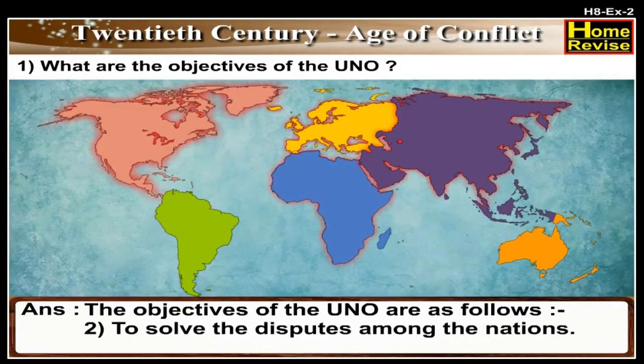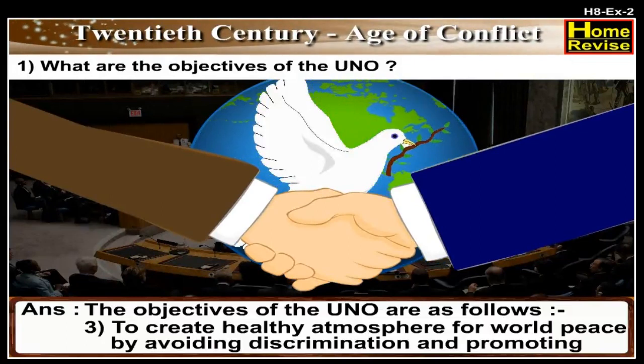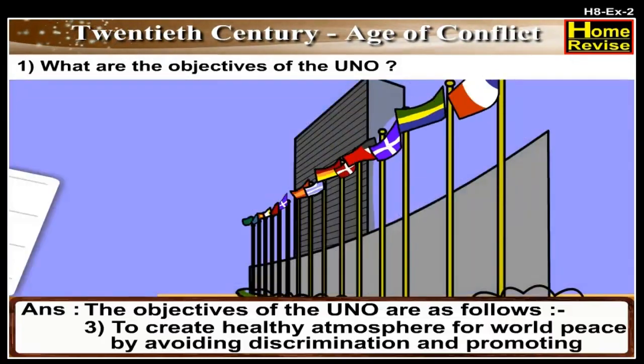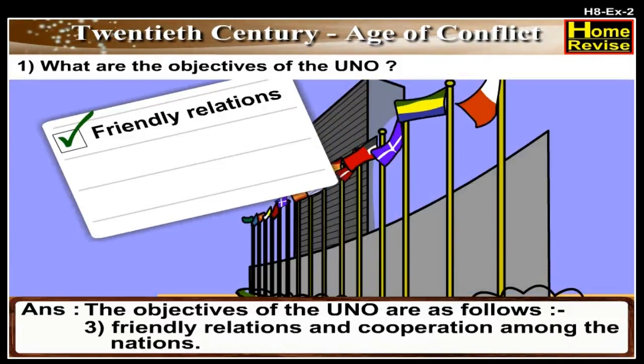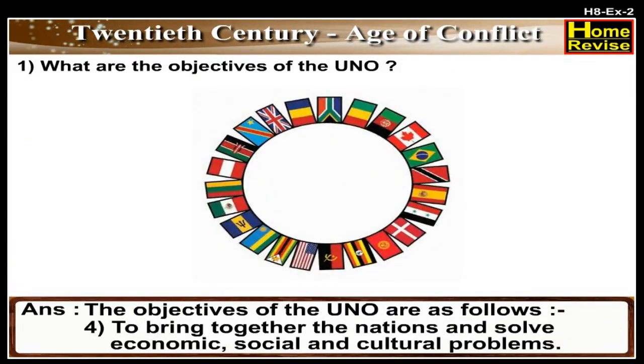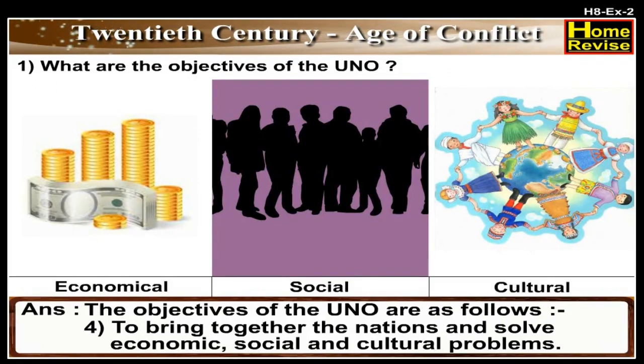To solve the disputes among the nations. 3. To create healthy atmosphere for world peace by avoiding discrimination and promoting friendly relations and cooperation among the nations. 4. To bring together the nations and solve economic, social, and cultural problems.